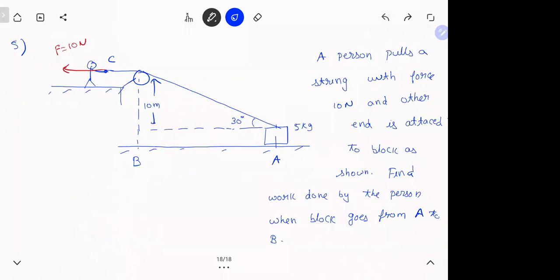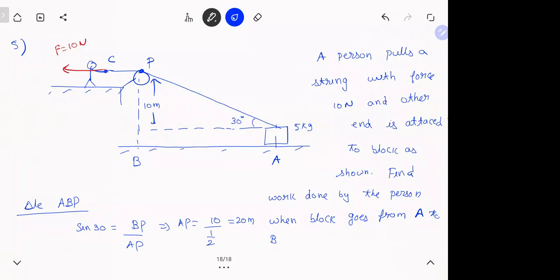So here, first thing that we do, let this point be P, the pulley. So in triangle ABP, what is sine 30? BP by AP. So we get BP is 10 meters, sine 30 is half, so AP is 20 meters. So we found the length AP.